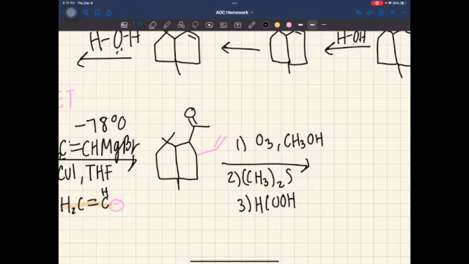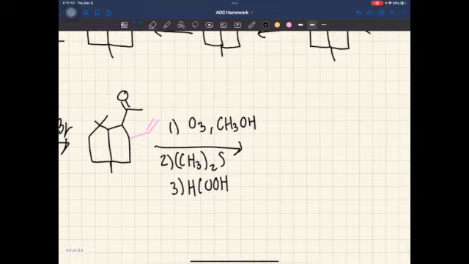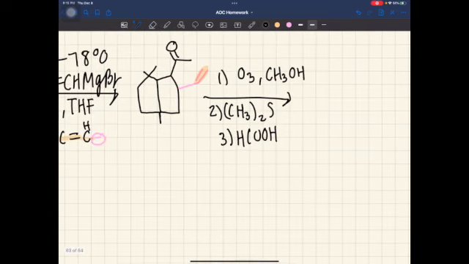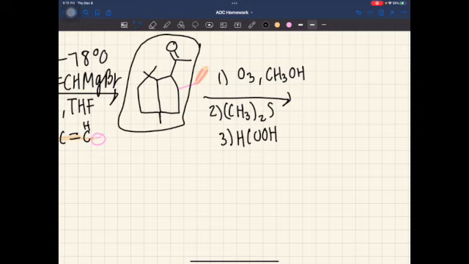Now here, what happens in short is basically this carbon-carbon bond is going to become an aldehyde. So I'm just going to write a smaller way to do it with the R group, our R group being the structure itself.